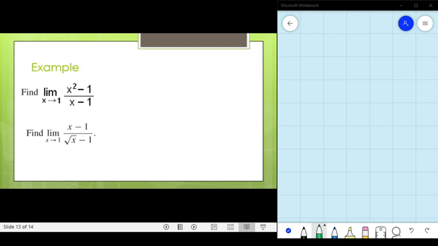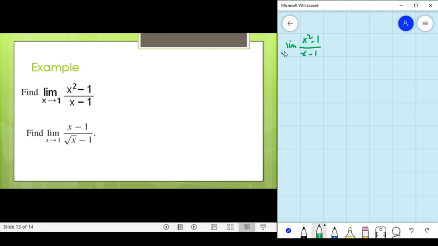So for example, if we are going to find the limit of x squared minus 1 over x minus 1 as x approaches 1. So notice that if ato i-substitute ang 1, 1 minus 1, it is 0, 0 over 0.